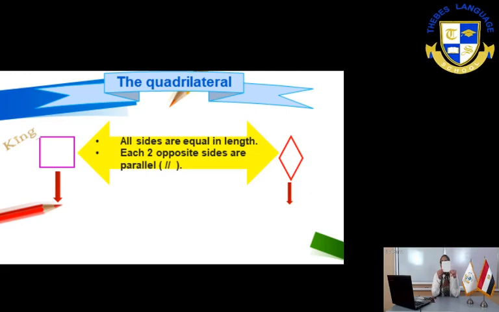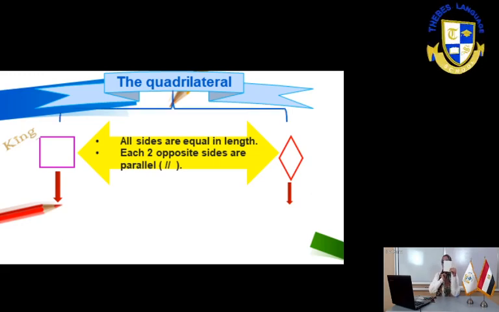A square is a quadrilateral which has 4 sides, 4 angles, 4 vertices, and all its sides are equal in length. All its angles are right angles. And each 2 opposite sides, this side and the opposite of it, are parallel.